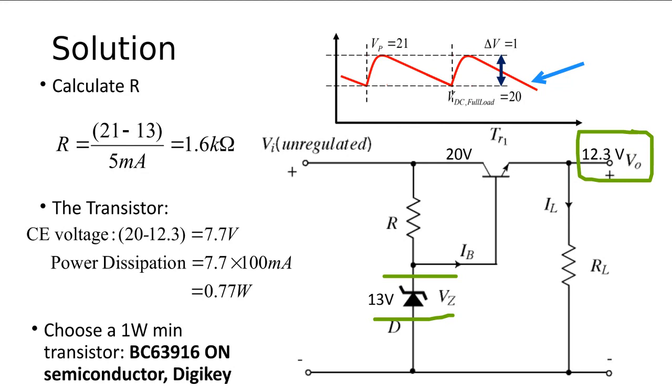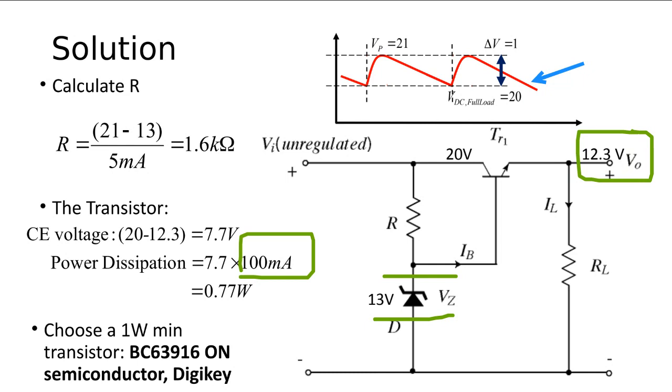All right. So at full load, the collector of the transistor has 20 volts. The emitter of the transistor has 12.3 volts because it's a 13 volt Zener that we're using. So for the power dissipation, remember the power supply is designed to carry 100 milliamps.